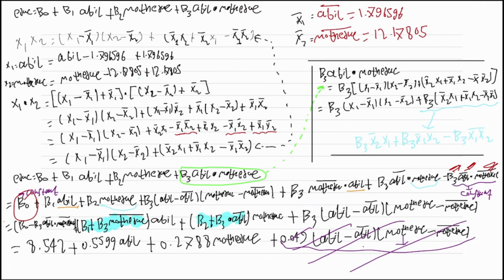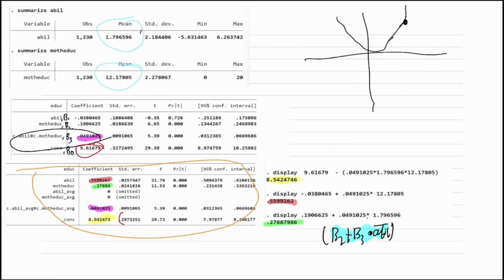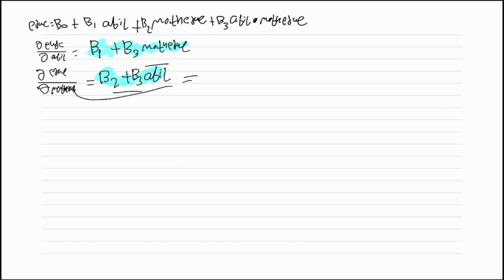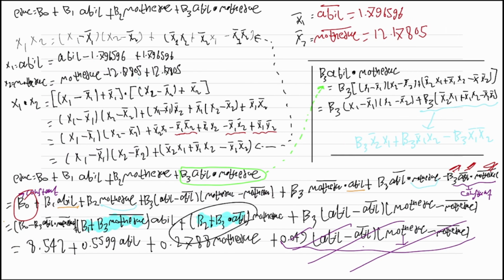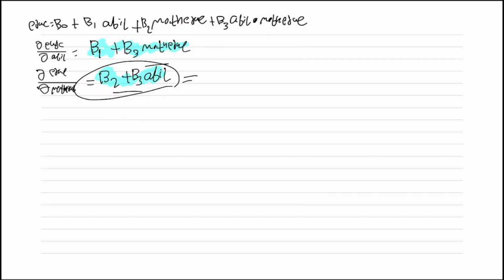Oh, this is the partial derivative of mother education. So they are the same. This one we obtained from the partial derivative, and this one we obtained from the derivation, and they are equal. And we substitute here, and we got 0.2788.